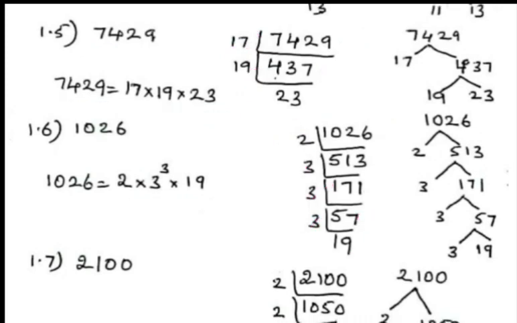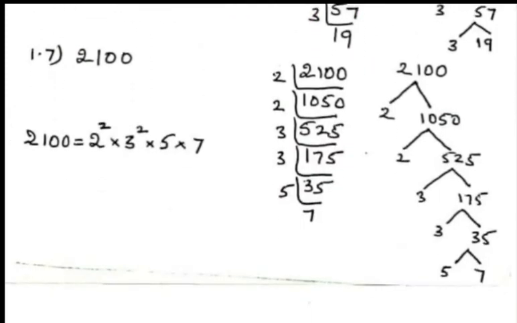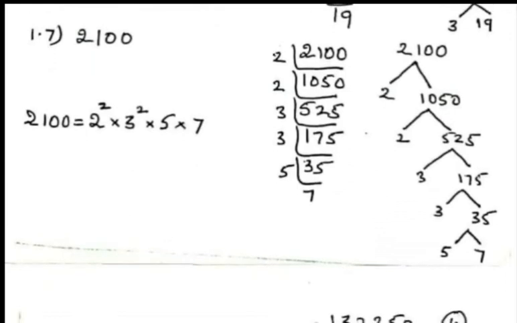Now we consider another problem. 2100. 2100 is divided by 2, we get 1050.